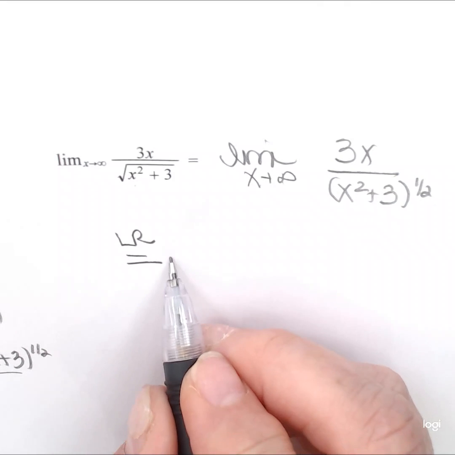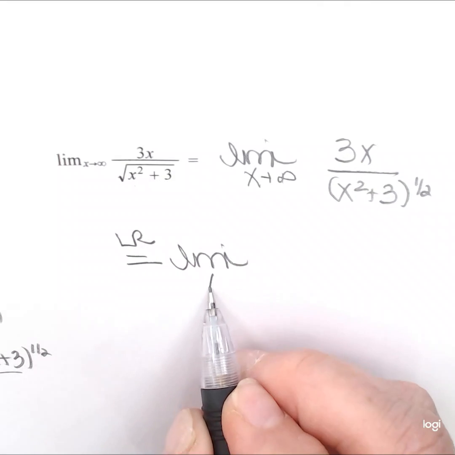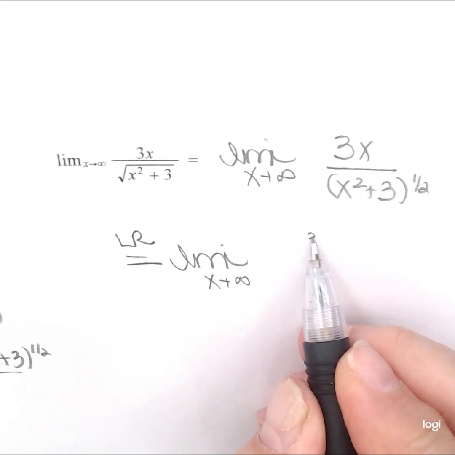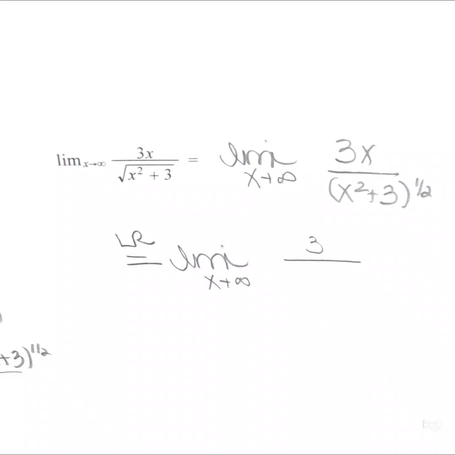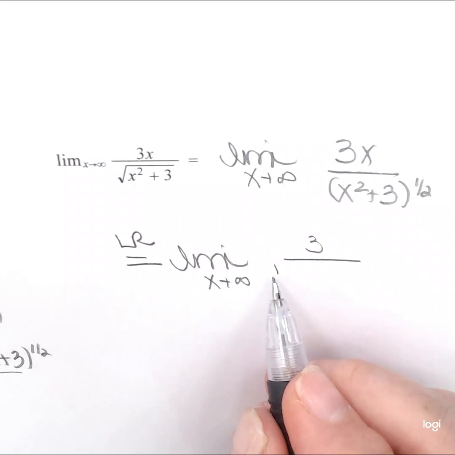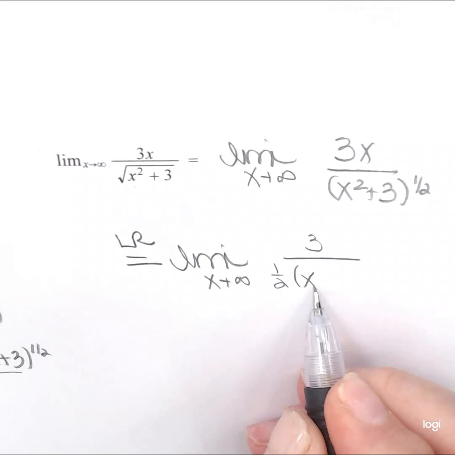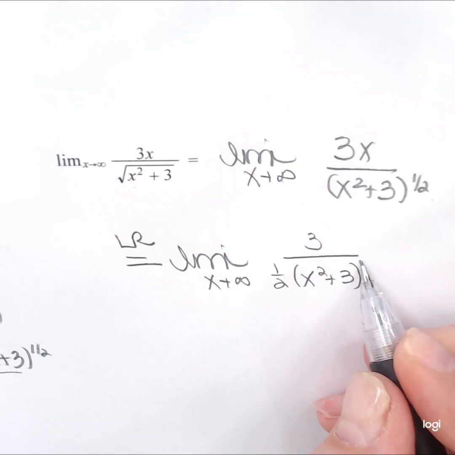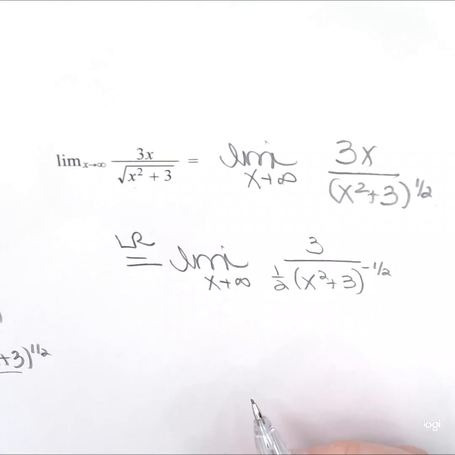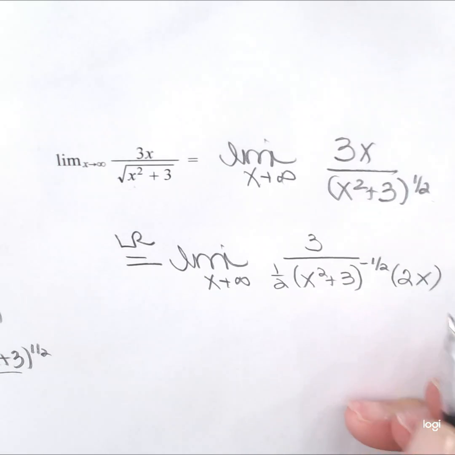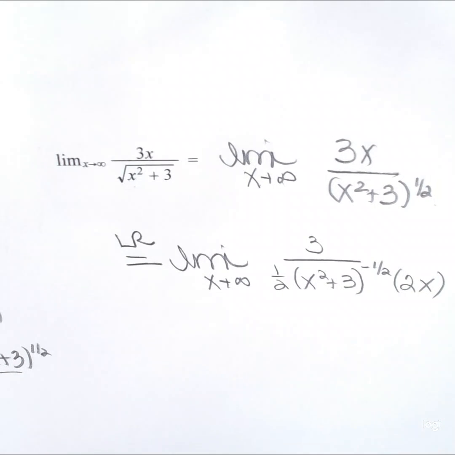In applying L'Hopital's rule, that simply means we're going to take the limit as x approaches infinity. We'll take the derivative of the top, which is 3, and then we'll take the derivative of the bottom. Once again, a chain rule. The 1/2 is going to come down in front. We'll then take the x squared plus 3 and raise it to the 1/2 minus 1, or negative 1/2 power, times the derivative of what's inside, which in this case is going to give us a 2x.